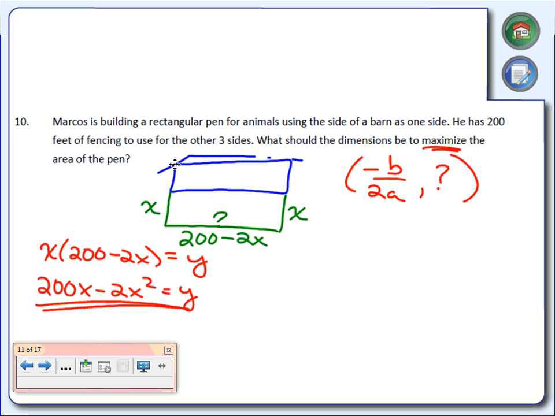All right, so what I'm going to do is replace b with what number? Be careful. Let me fix this before you answer that. Notice I switched those so that it would be in standard form. All right, let's try that again. What is b? 200. a is negative 2.